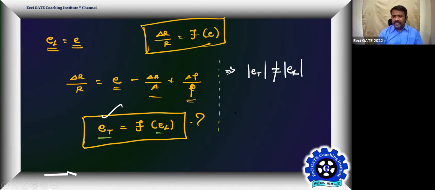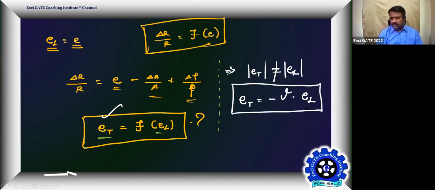Then what does ET mean? By default, ET is given as minus the Poisson's ratio times your EL. That's the connection between ET and EL. That means the Poisson's ratio of the metal used to form this rectangular block or box decides the connection between ET and EL.